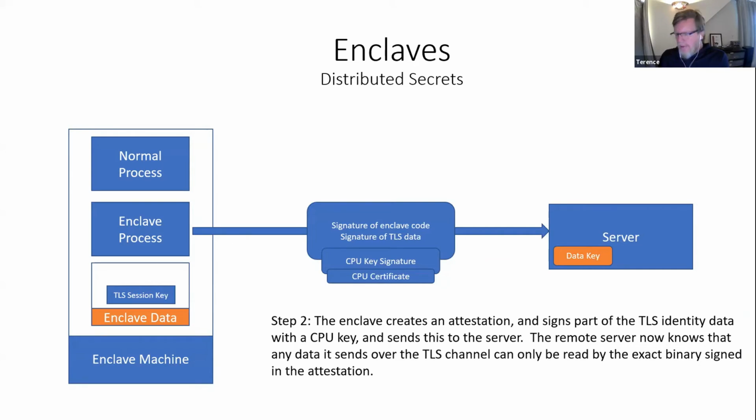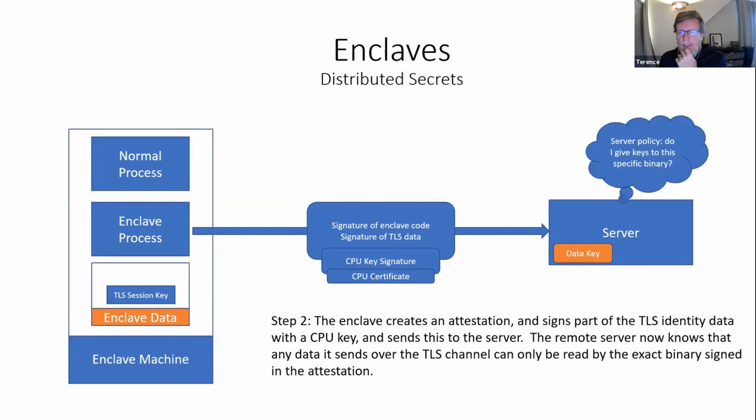So it's going to send that over, and the server at that point can then ask itself, is this a binary that I trust? Is this running within an enclave at the security level that I trust? And if it is, it can at that point ship the data key back over to the enclave.